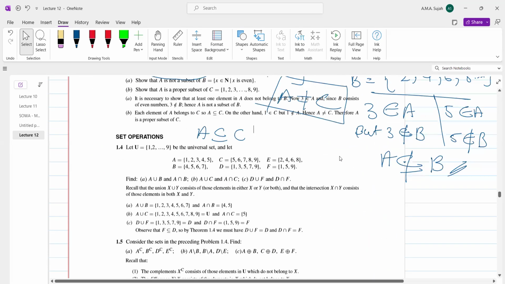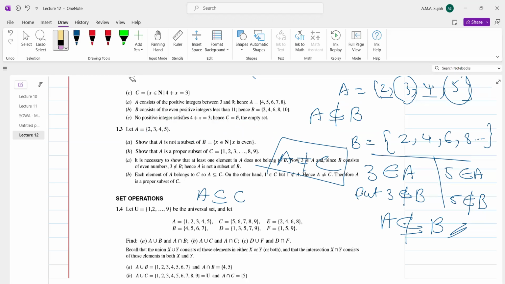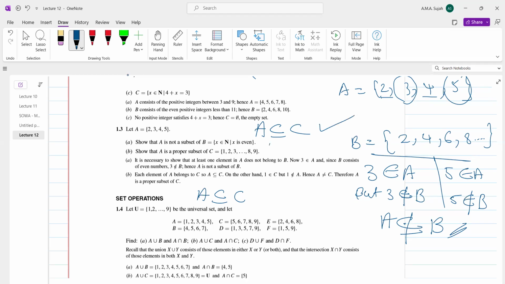So just look at here. Already we know the A. They are giving the C, then they are telling you A is a proper subset of C. To show A is a proper subset of C, first you need to prove A is a subset of C. How can you prove it? If all the elements of A belong to C, then it's true. Then we can prove A is not equal to C. How to prove A is not equal to C?